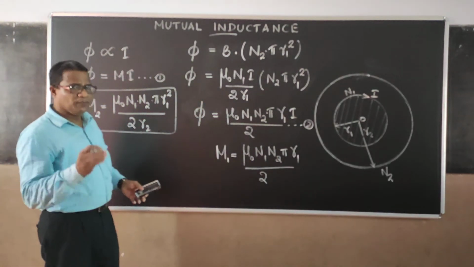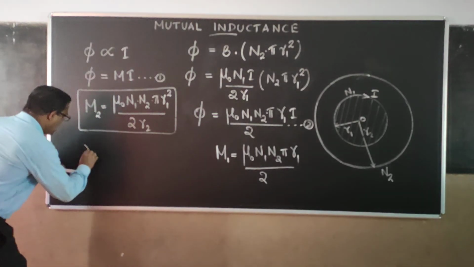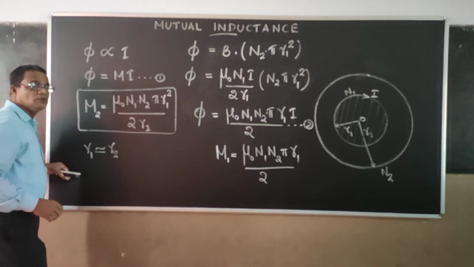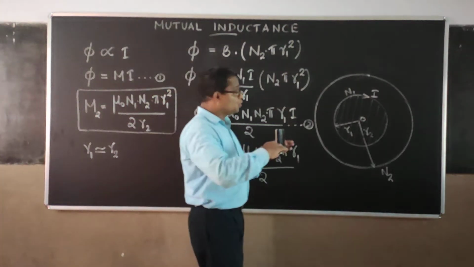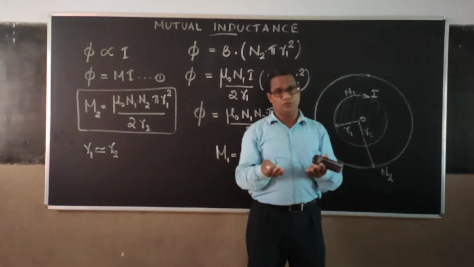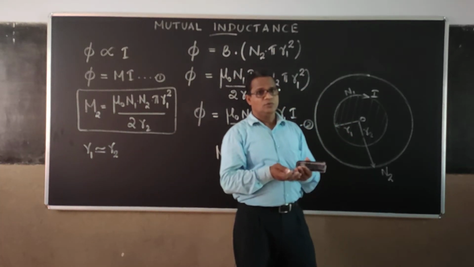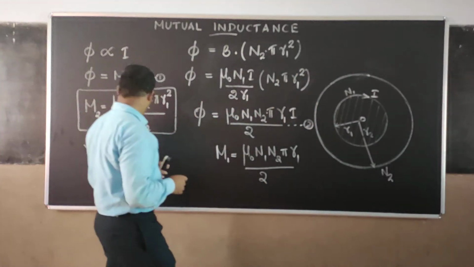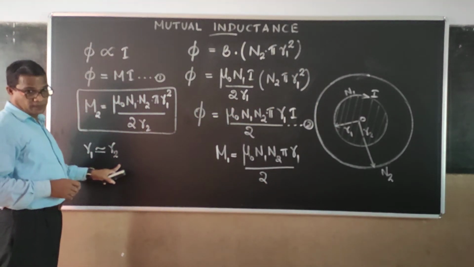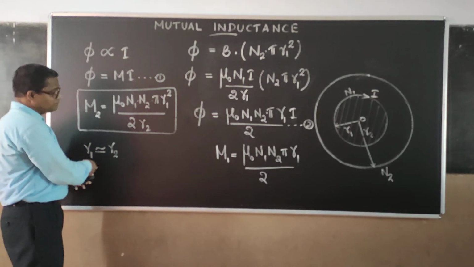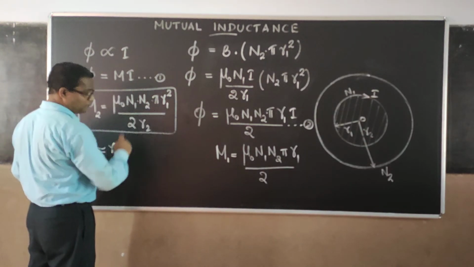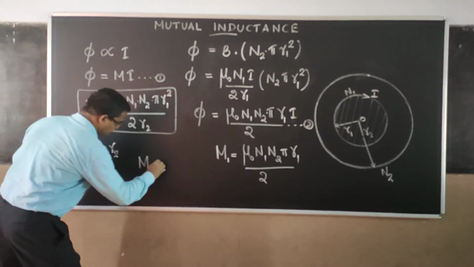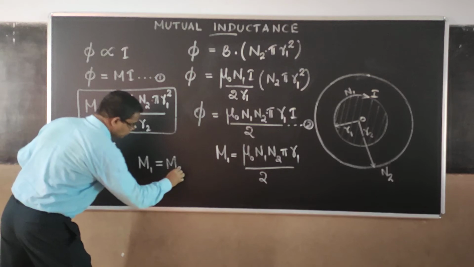Now if I apply an approximation that R1 is almost equal to R2, that means the two coils are closely wound, one upon the other, then the radii are almost the same. If the radii are almost the same, then R1 from this goes. For this particular case, you will be getting M1 equal to M2.